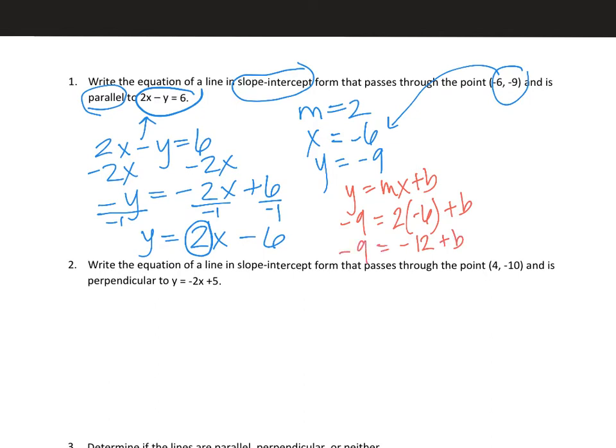You need to add 12 to both sides, and when you do that, you get b equals 3. Okay? So now we know our b, and we know our slope. And so now we can fill out, and I'm going to do this in green, our slope-intercept form, which is y equals 2x plus 3.